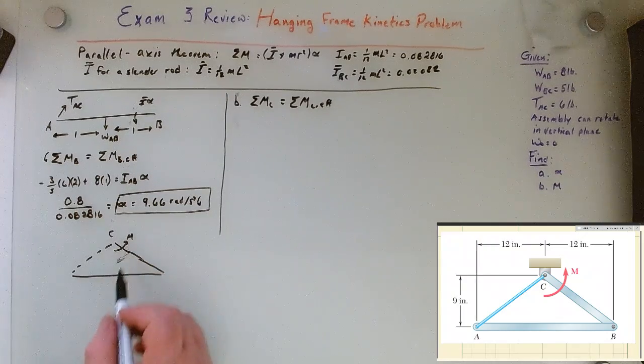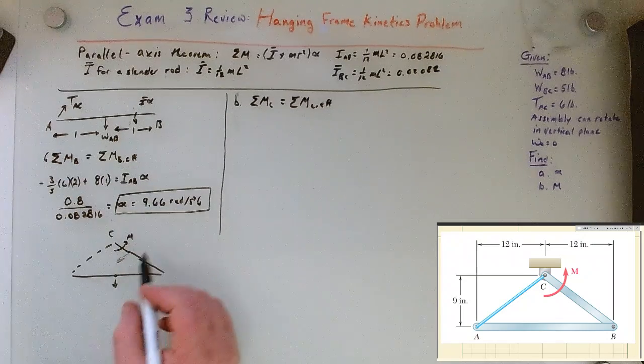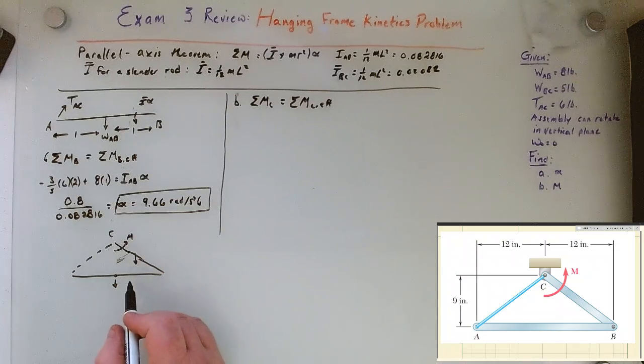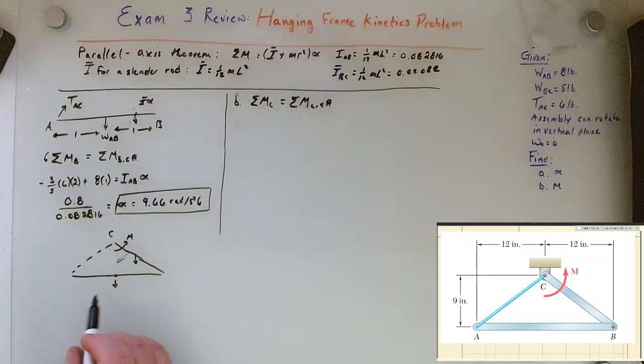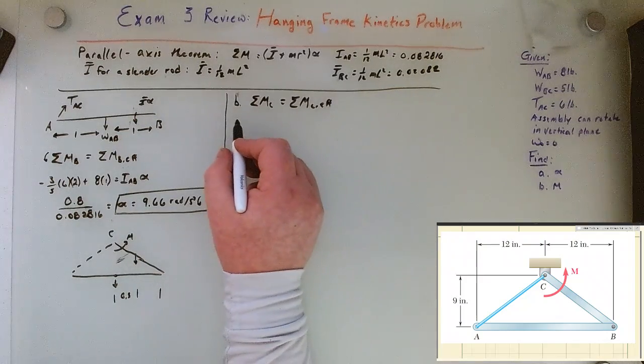Right, this is M. And so then what are the other forces? Well, there's the weight here, right? But that's directly below C, so that doesn't matter. There's also the weight here, right? And if this is 1 foot here, then this is 0.5, right?